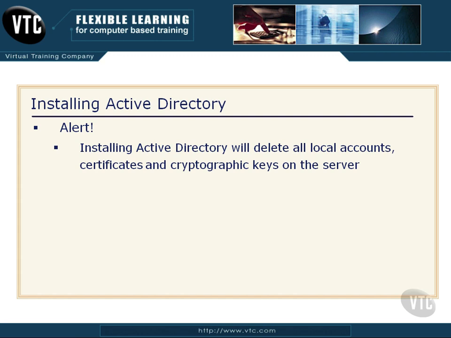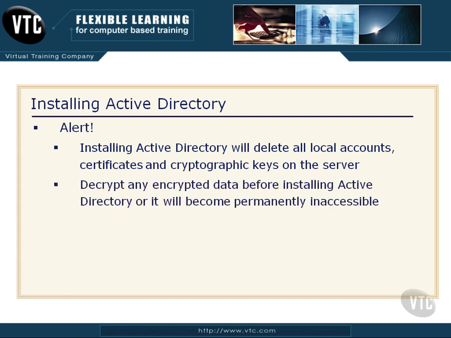So if that server's been running a while and you've been encrypting files and folders, you want to make sure you decrypt that stuff before you install Active Directory, or it's going to become permanently inaccessible. Because when Active Directory is installed, it's going to wipe all that out and set itself up as the management system for that particular server.